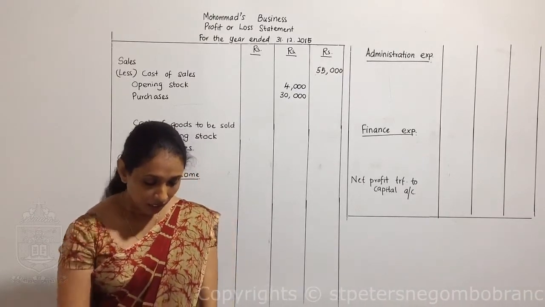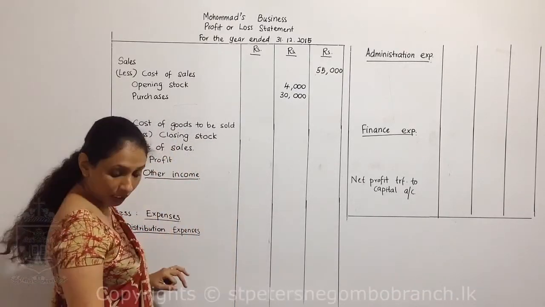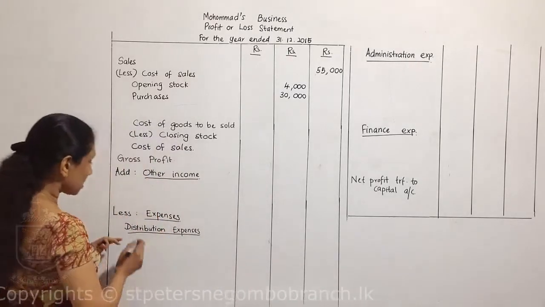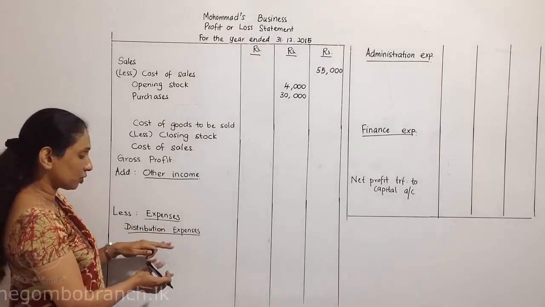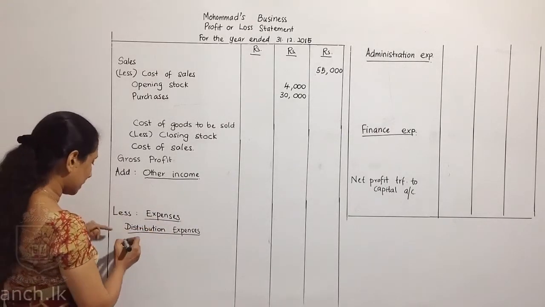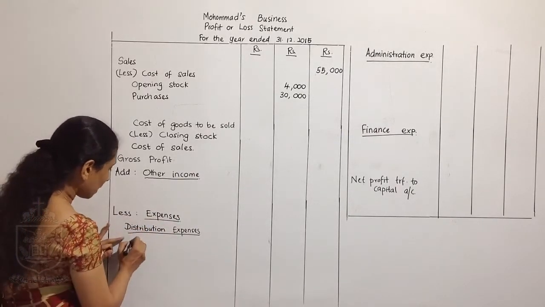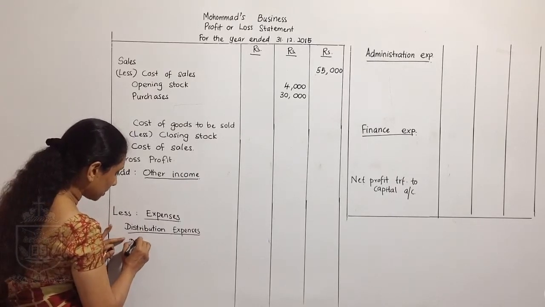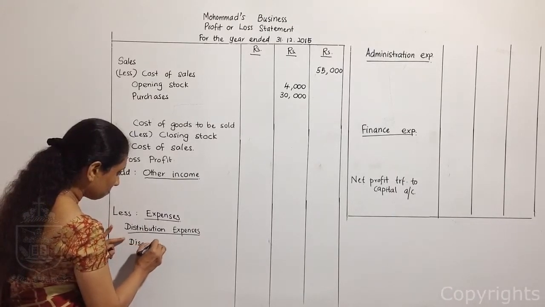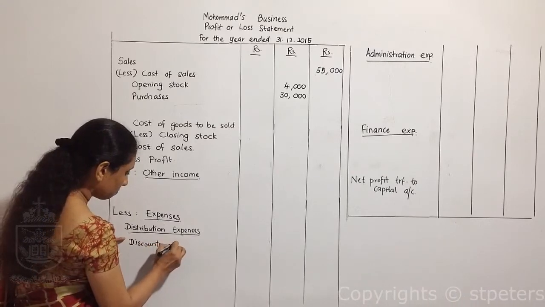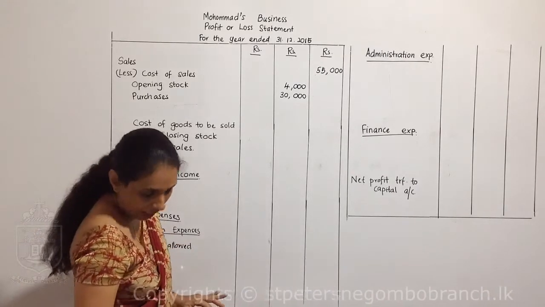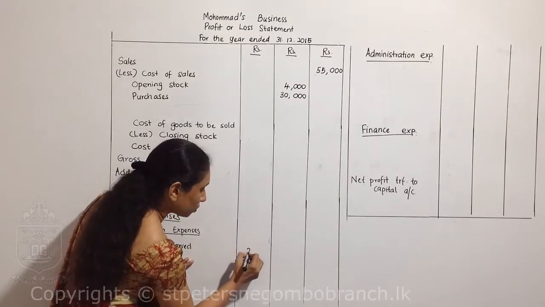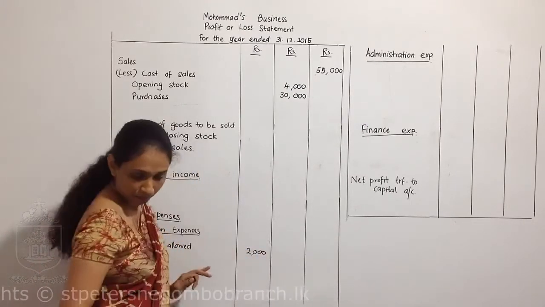Discounts allowed will come under distribution expenses. So we have a space to mention the distribution expenses. So I'll go to that particular section and put it as discounts allowed, and that is 2,000. So I'll put 2,000 in the first column.